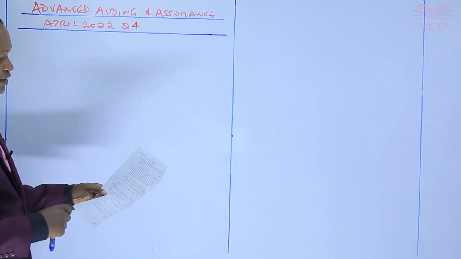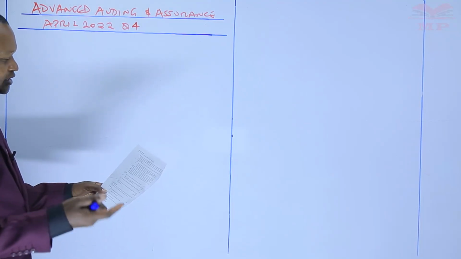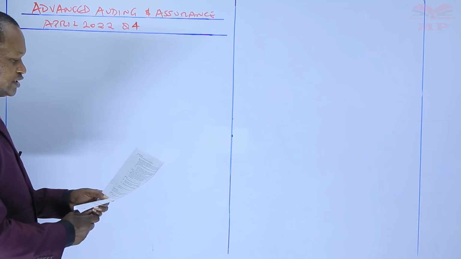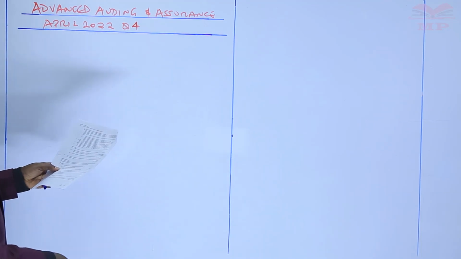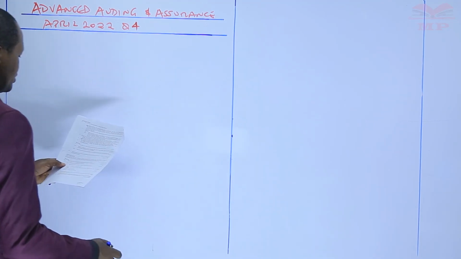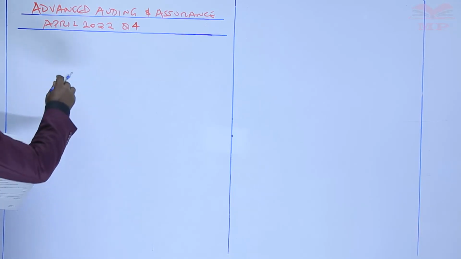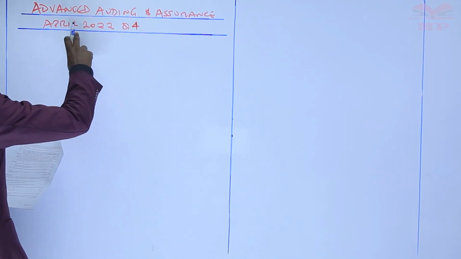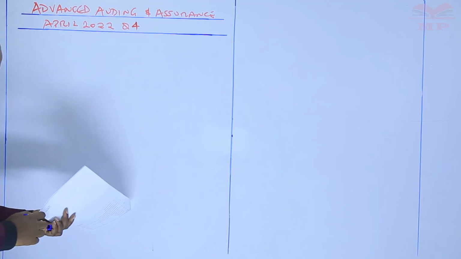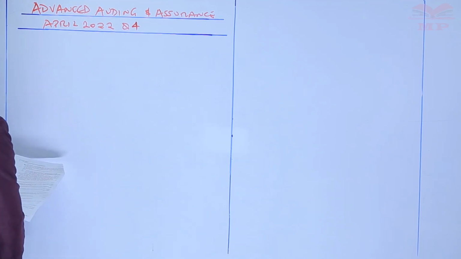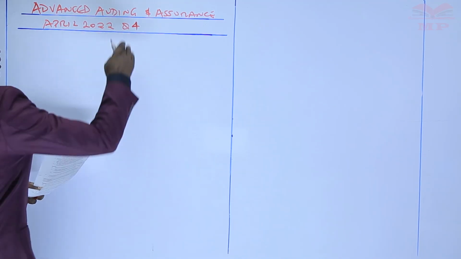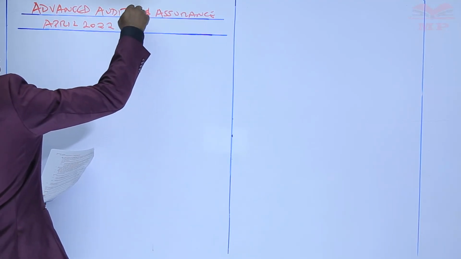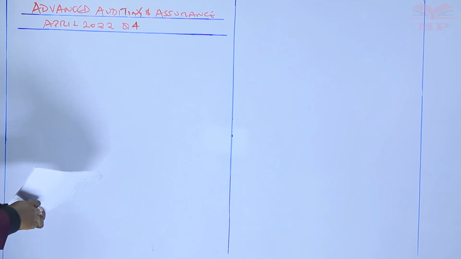Part A, describe the controls that should be incorporated in the new system before it issues an order confirmation to a customer. We are answering Advanced Auditing and Assurance, the April 2022 sitting, question 4.